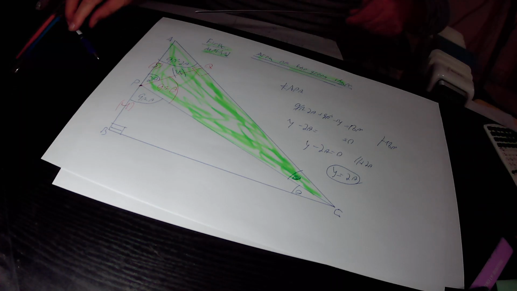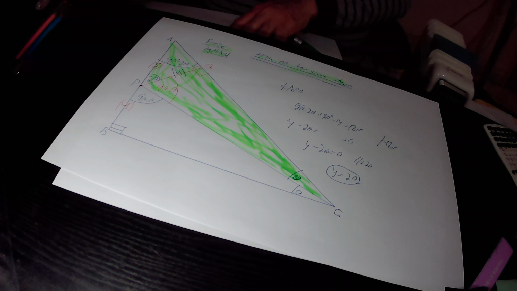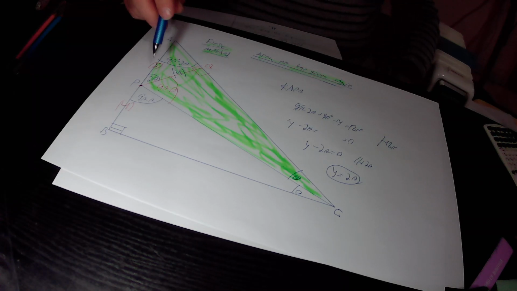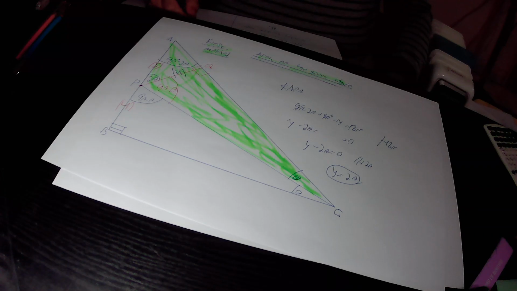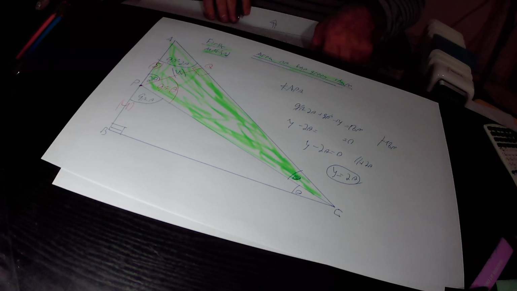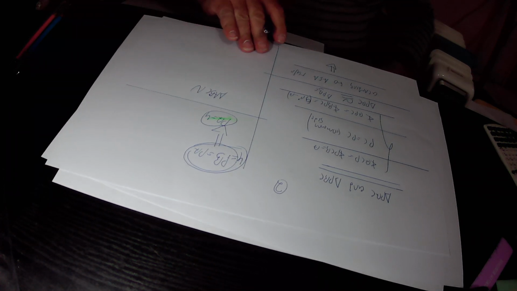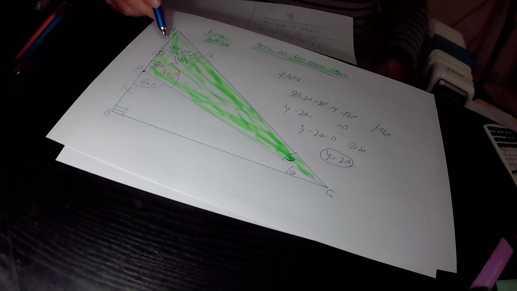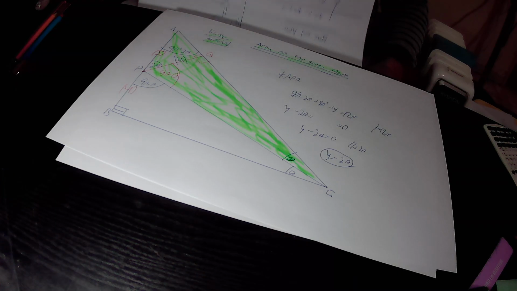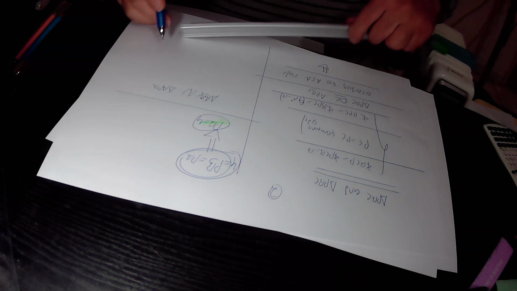So okay, now we have found out that the big right triangle ABC is similar, this is the sign of similar, to this small green right triangle APQ, according to the angle similarity rule.